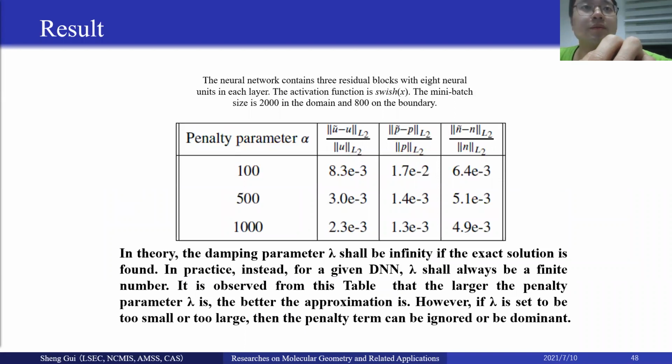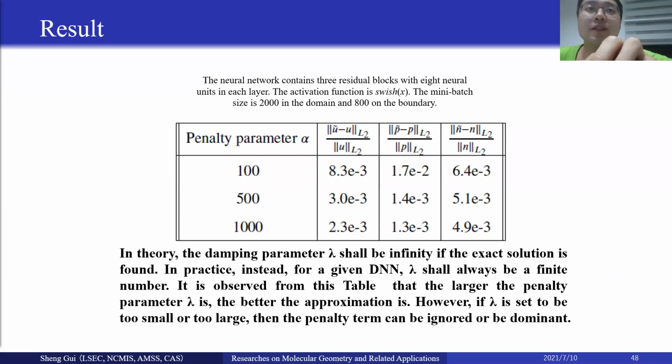Also consider the Dirichlet boundary condition in two dimensions. The relative L2 error is recorded in this table for different penalty parameters. In the theorem, the penalty parameter lambda should go to infinity if the exact solution is found.